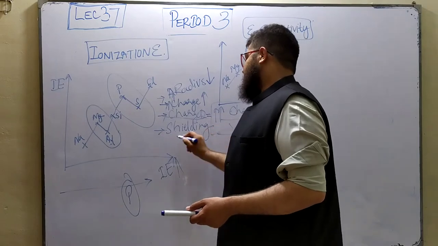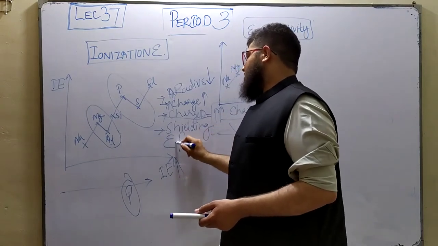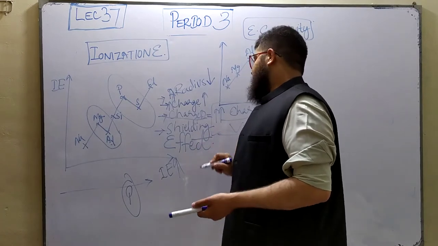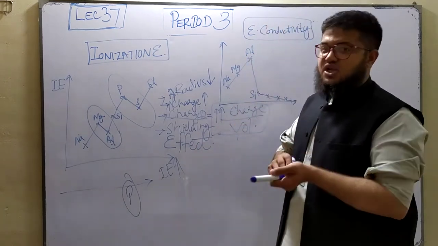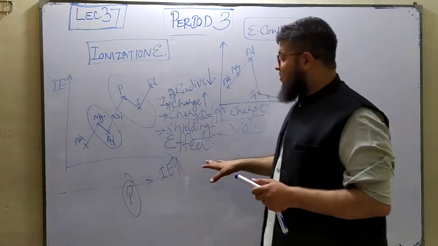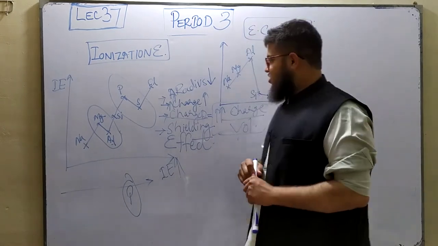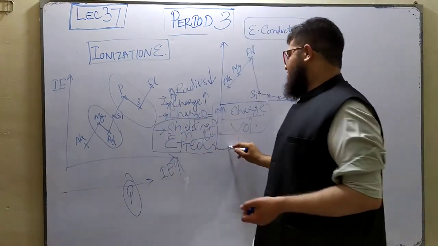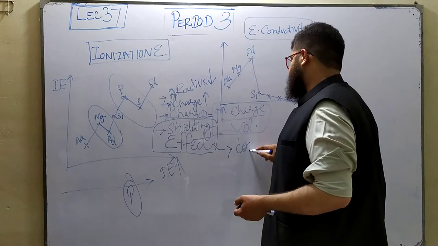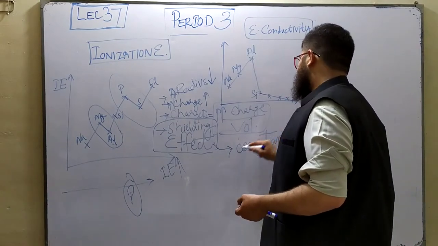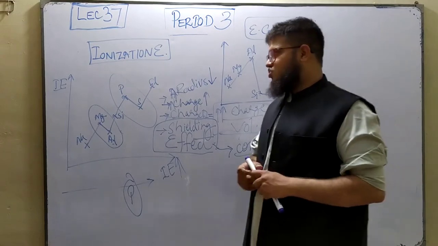Guys, remember the shielding effect? I've explained that as well in the previous videos. What is the shielding effect? It is the repulsion provided by the inner shell electrons to the outer shell electron, meaning the effect by which the inner shell electrons shield the outer shell electrons from the nuclear attraction, right? The shielding effect remains constant as we go across the period, because no additional shells are added.